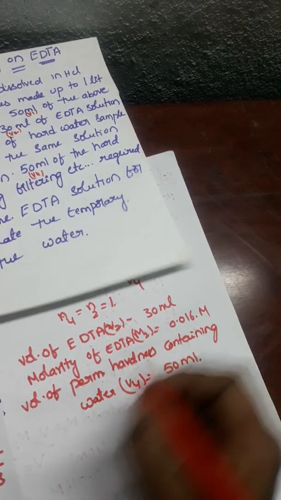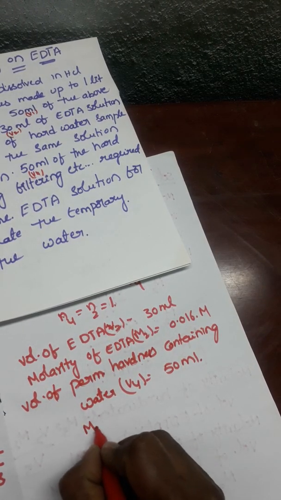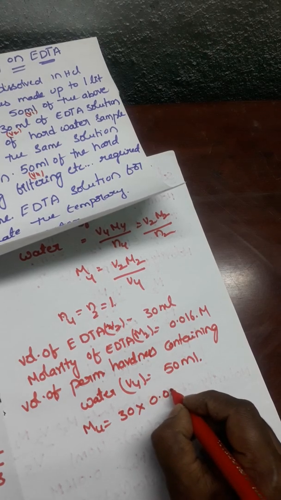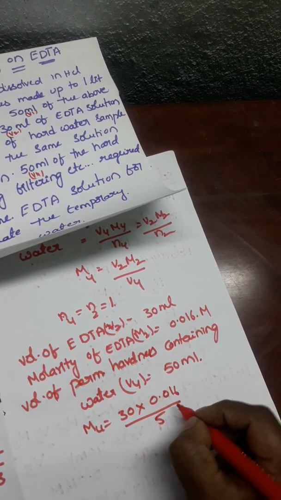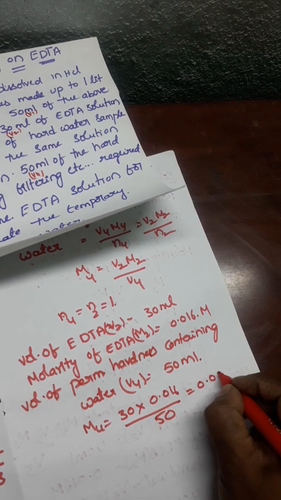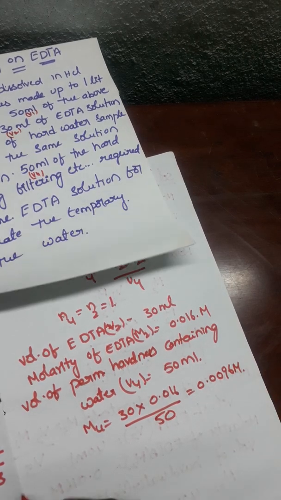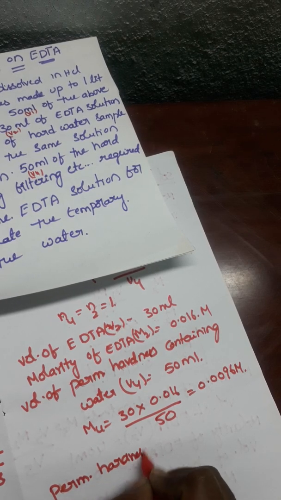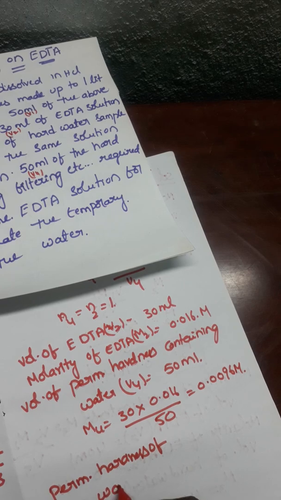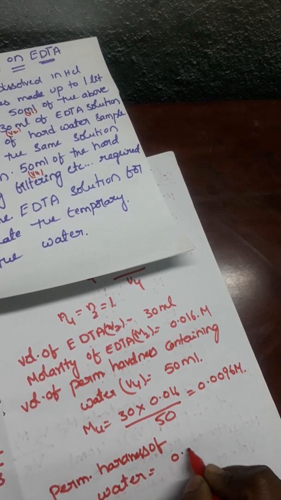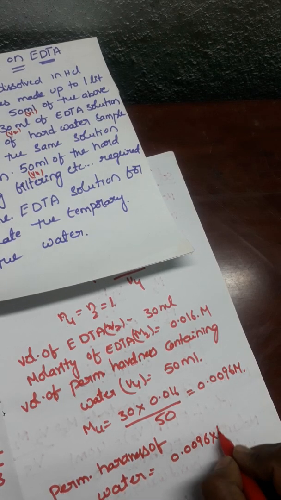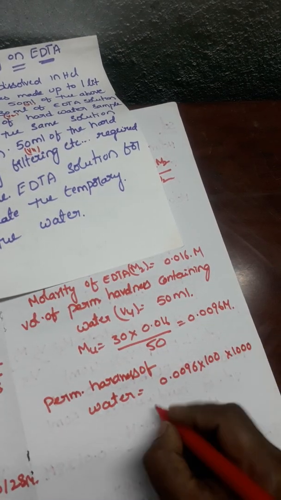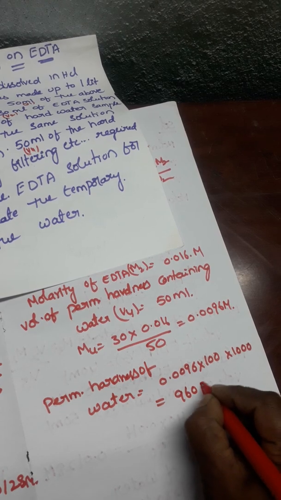In these equations we got M4 is equal to 30 into 0.016 by 50, that is equal to 0.0096 molar. Next, permanent hardness of water is equal to 0.0096 into 100 into 1000, that is equal to 960 ppm.